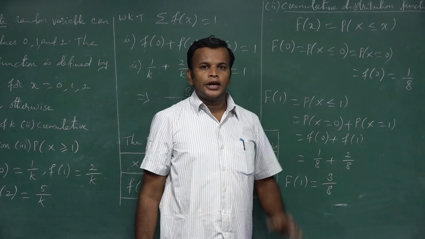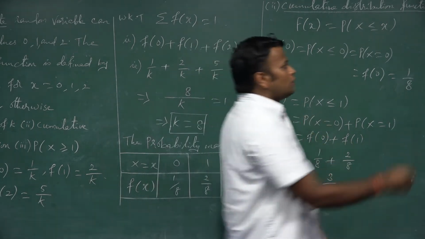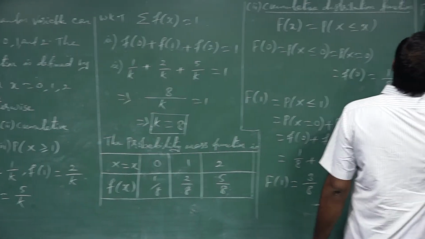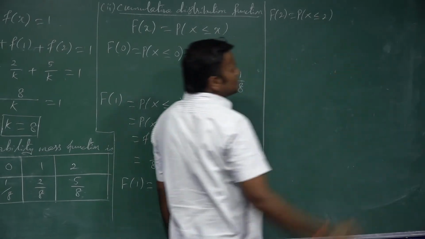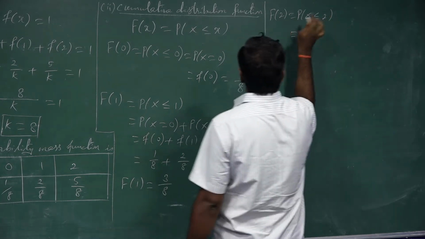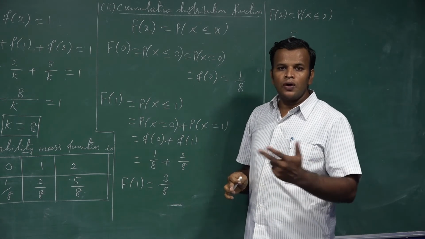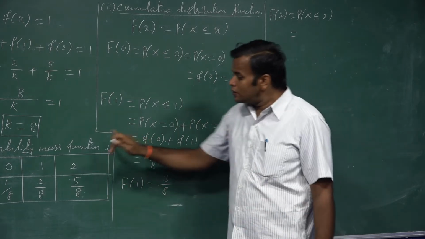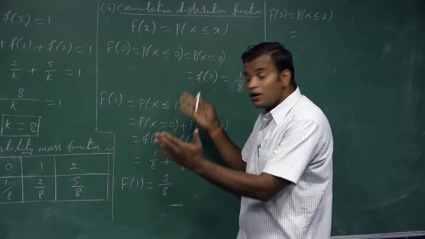3 by 8. After F of 1, next we find F of 2. So P of X is less than or equal to 2. We already found it elaborately. P of X less than or equal to 2 means the value of x may be 2 or less than 2. Now we see the table: 2 or less than 2, so all three values are possible. So we add all.